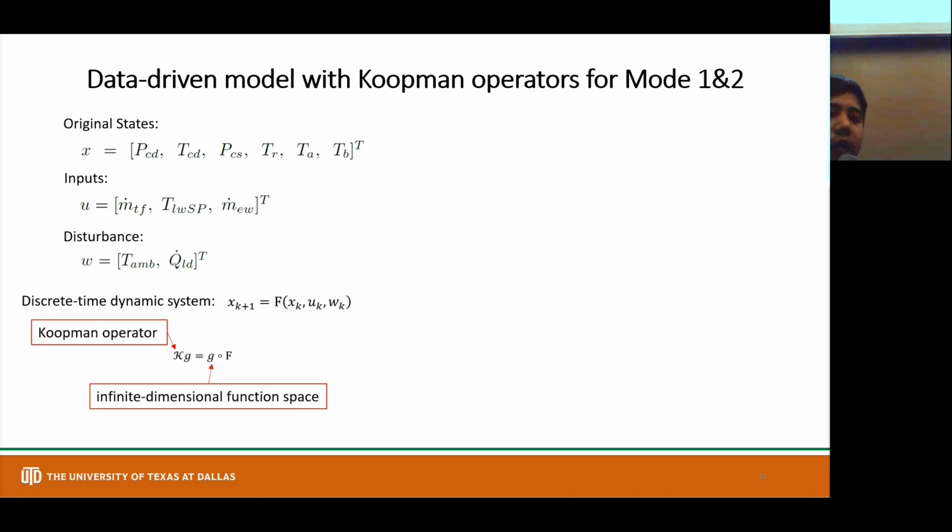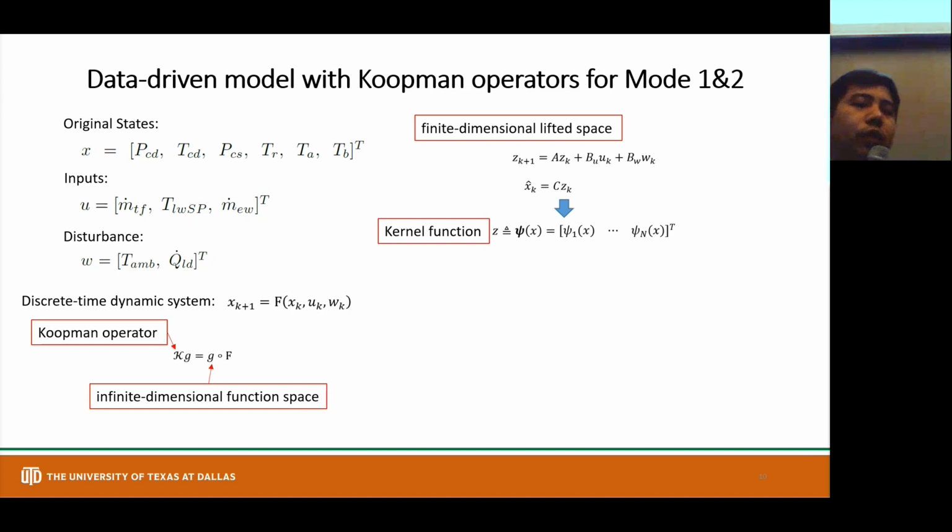By the idea of the Koopman operator, the nonlinear system can be lifted into an infinite-dimensional function space to linearize the nonlinear system. In practice, we usually use a finite-dimensional lifted space.